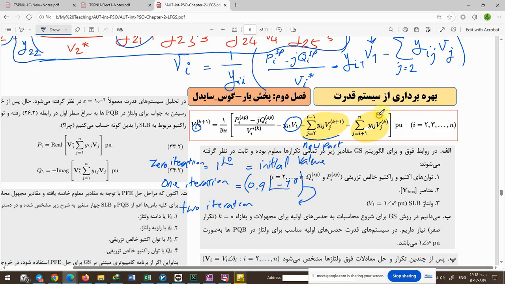But this part is not calculated yet, but you can replace it with the old one. For this reason, we divide into two parts, the new part and the old part.